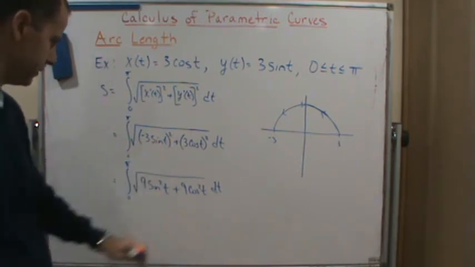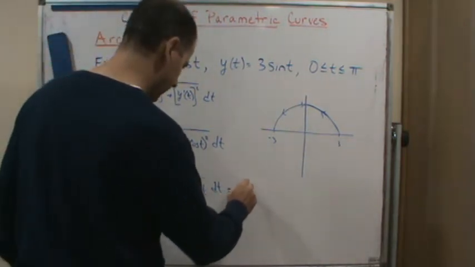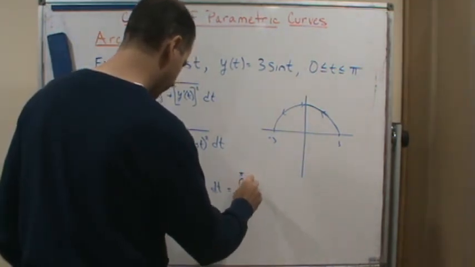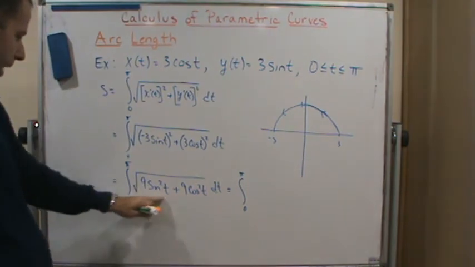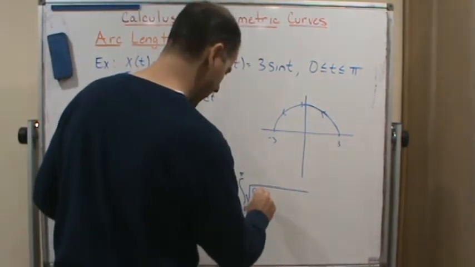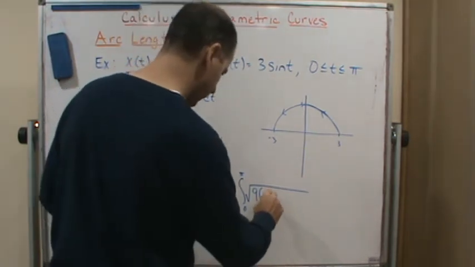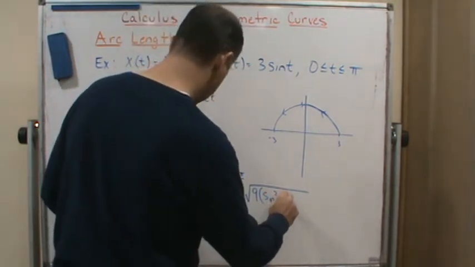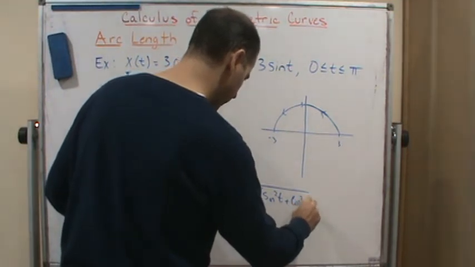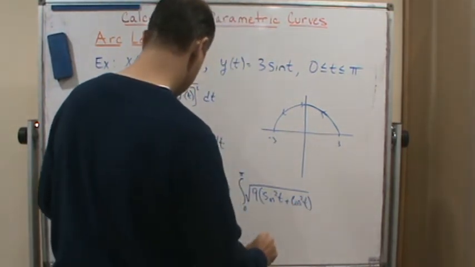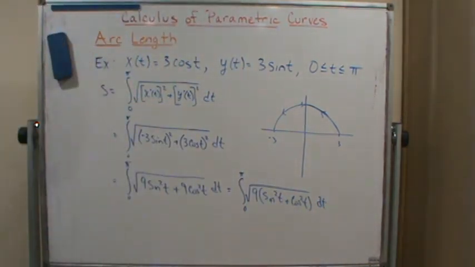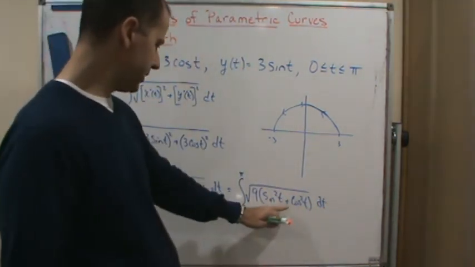So I get this. And so now this is going to equal the integral from 0 to pi of, well, I'm going to factor out the 9. So that's going to give me the square root of 9 times the quantity sine squared t plus cosine squared t, dt, okay? Now, we should notice this, right?